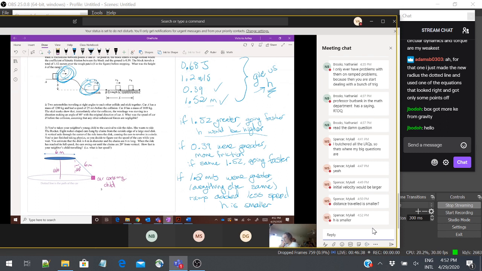And then our last thing is this 0.68 joules. This one's a little tricky. Why did they give us this? This one is a little bit subtle. The purpose there is it gets us the mass.